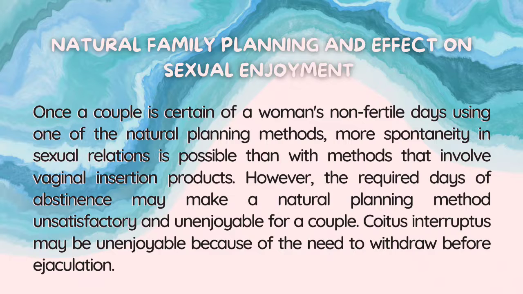However, the required days of abstinence may make a natural planning method unsatisfactory and unenjoyable for a couple. Coitus interruptus may be unenjoyable because of the need to withdraw before ejaculation. Fertility awareness-based methods of family planning use biological markers to identify fertile and infertile days of a woman's reproductive cycle.